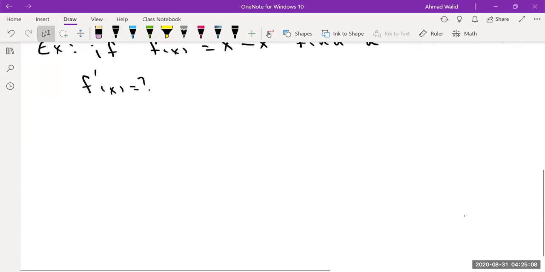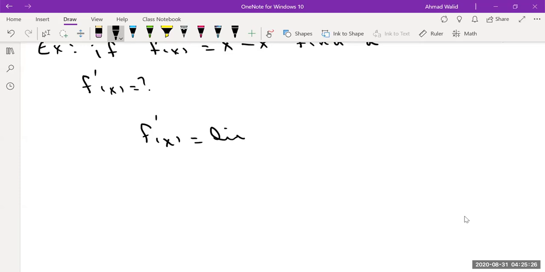Let's first write our formula, correct? Our formula is f prime x, if I'm using x, and the basic formula you had with a here, but you can now change it to x. f prime x equals the limit as h approaches 0, and the top you had f of a plus h, now you can say f of x plus h.